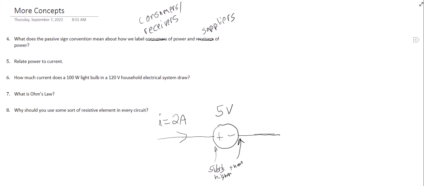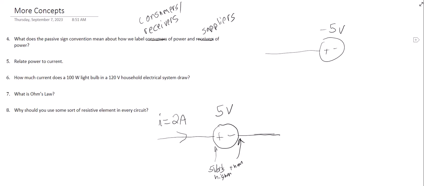So the fact that it's labeled 5 volts means that the plus side is 5 volts higher than the minus side. This can be very confusing when you see something like this, because you can have this and you will see it.